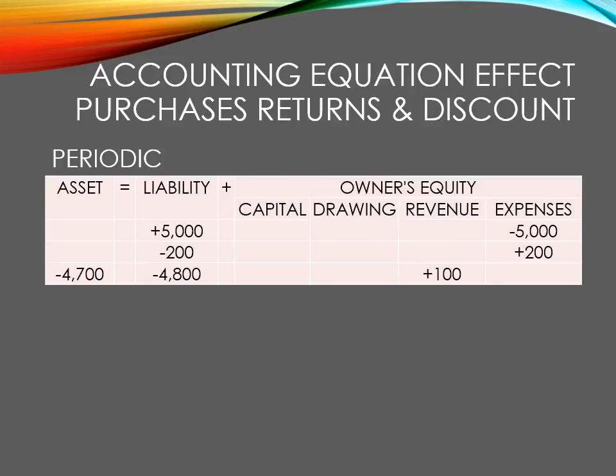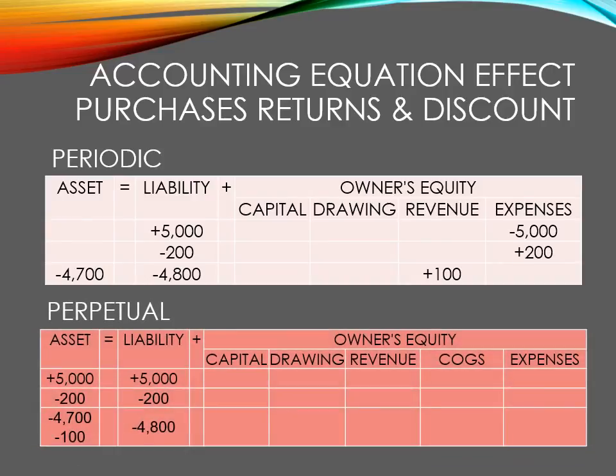Your liability is deducted by 4,800 ringgit, and if you receive a discount of 100 ringgit, you will increase the revenue by 100 ringgit under owner's equity, and the asset will be deducted by 4,700. That is the actual amount you pay to the supplier. That is the effect if you use the periodic inventory system.